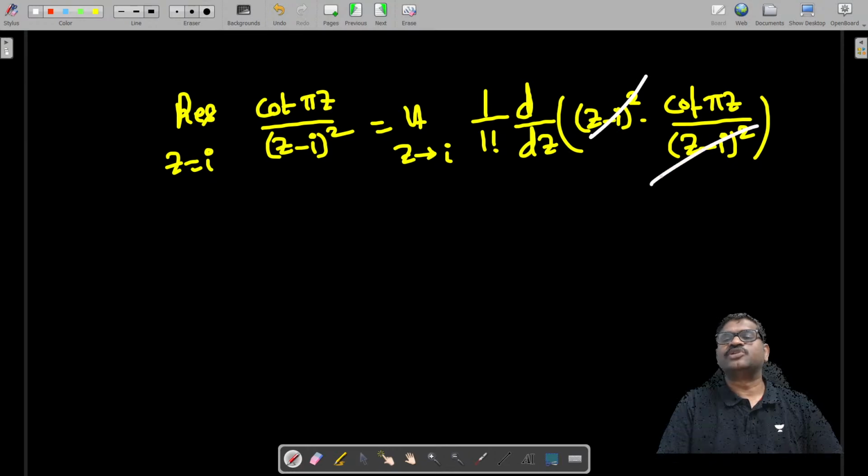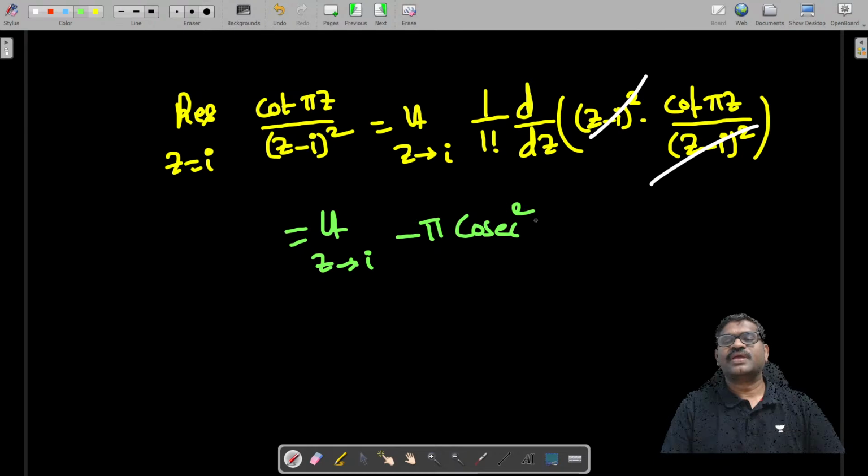The (z minus i) whole square cancel. Differentiation of cot pi z is minus pi cosec square pi z.